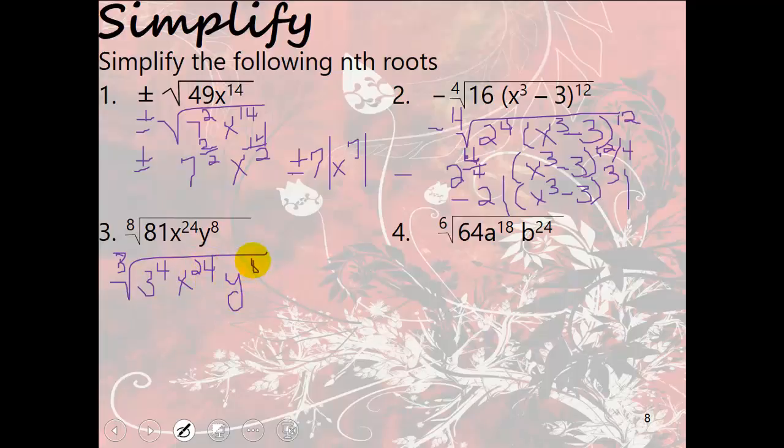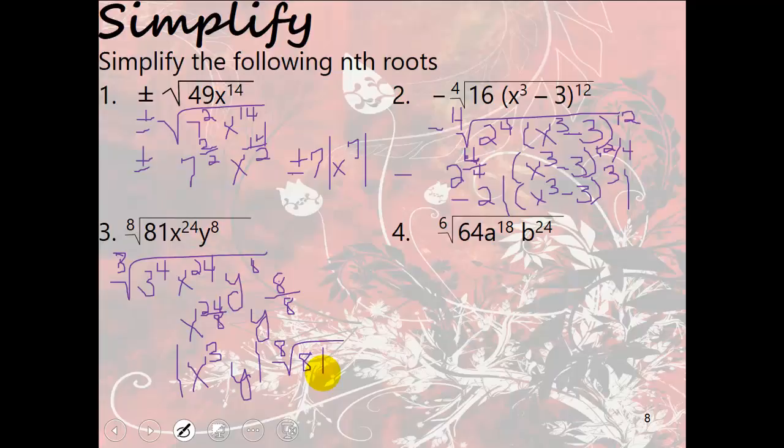Notice how I have fewer than 8, so I can't take any of those out, so you might as well just leave that be. And then I have x to the 24th over 8, y to the 8 over 8, okay? And then I have an even and an even, and I get an x cubed, so I know I need absolute value bars. And then I have an even and an even, and I get an odd, y to the first, and then I have the 8th root of 81, or 3 to the 4th, whichever way you want to write it.